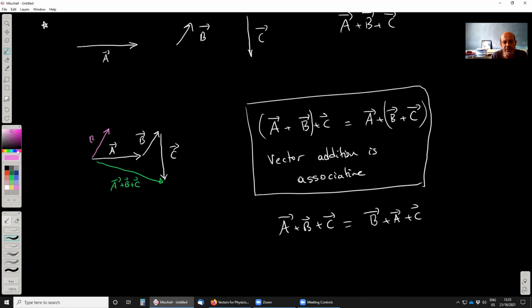Start with B first, then draw C, and then draw A, right? You would get the same thing, right? So you can change the order in any way you want. And I suggest that you look at the justification of this thing geometrically yourself. Convince yourself that you're going to get the same thing, okay?